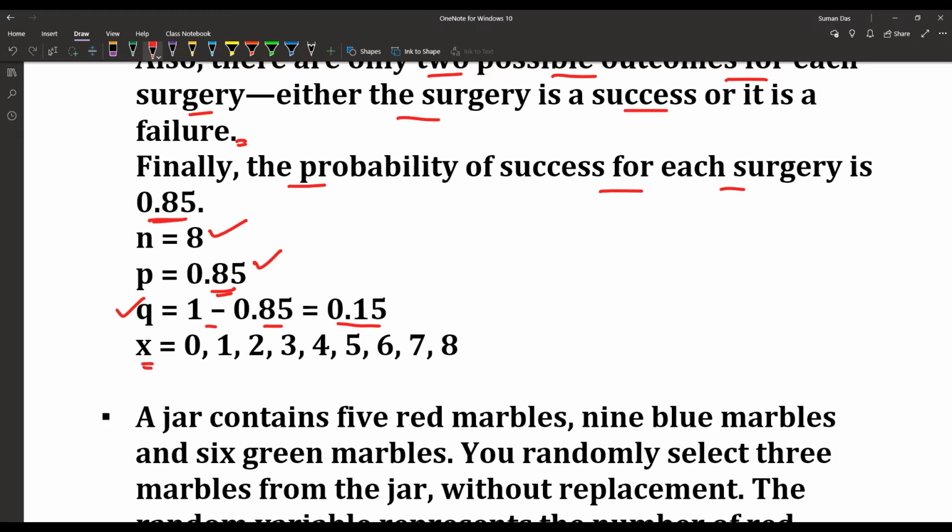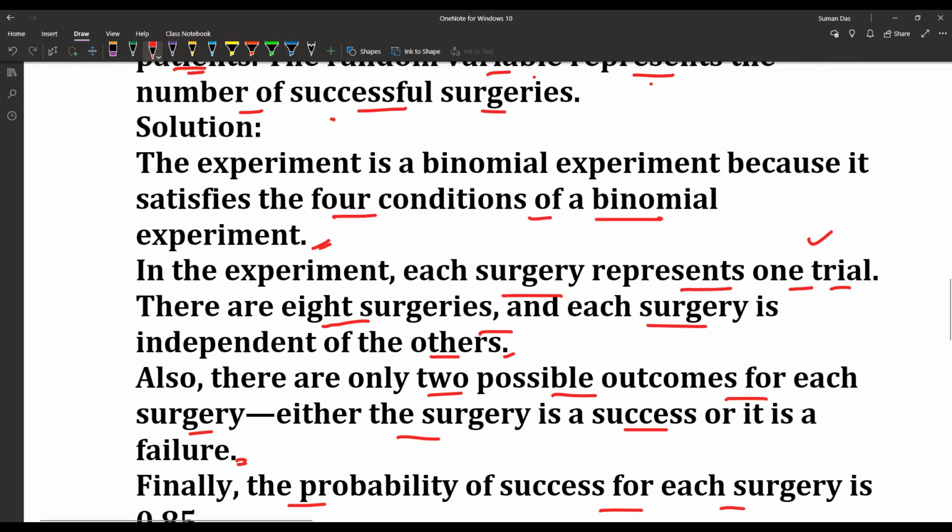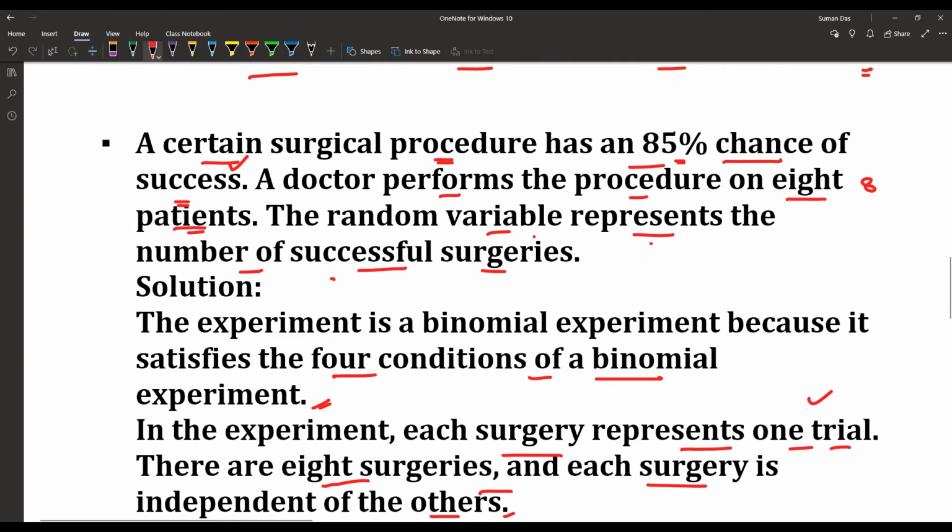And x can be 0, 1, 2, 3, 4, 5, 6, 7, 8; those are the values of the random variable. So this type of problem falls under the category of a binomial experiment, and we can solve it using the binomial distribution formula.